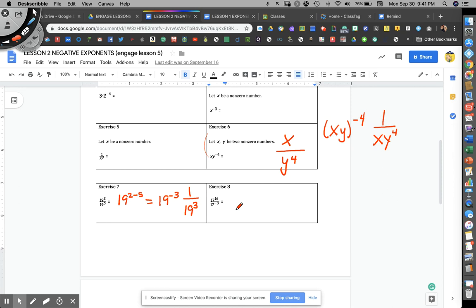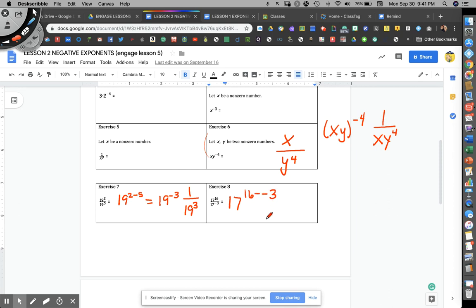Now, 8 seems to give kids a hard time. So let me write it out this way for you. We're going to say the base of 17, and then 16, take away negative 3. A lot of students see that negative 3 and they go, oh, great, there's my subtraction symbol already there for me. No, it's still subtract.